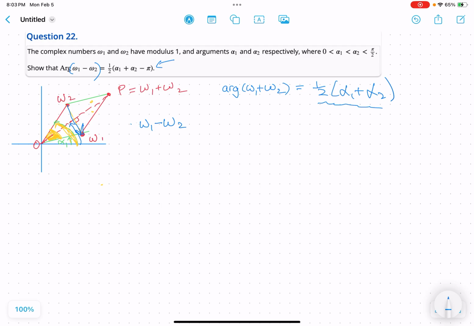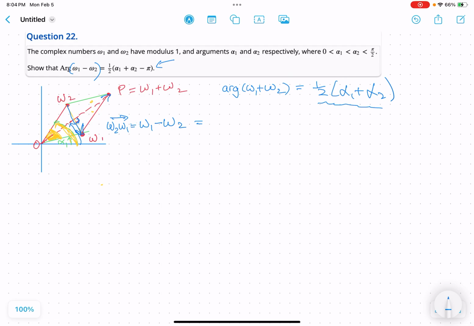If we have a look at that vector and rotate OP, which direction would we rotate it? Clockwise, because that's 90 degrees there. We'd have to rotate it clockwise to get that vector from W2 to W1.